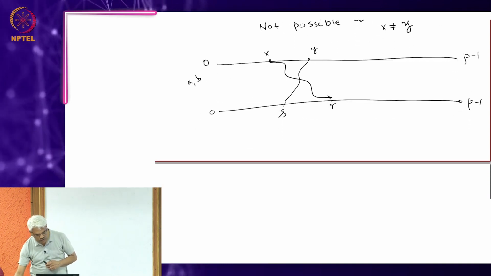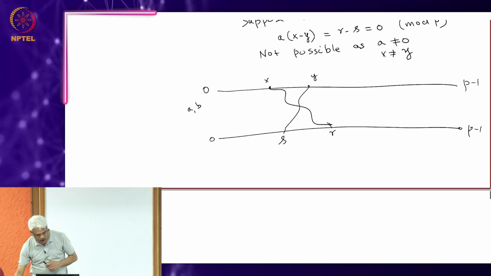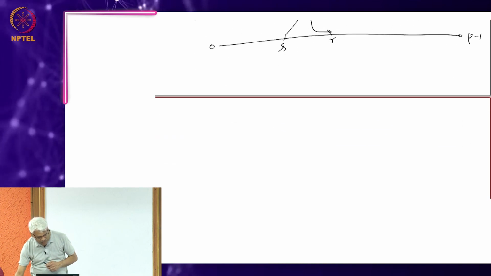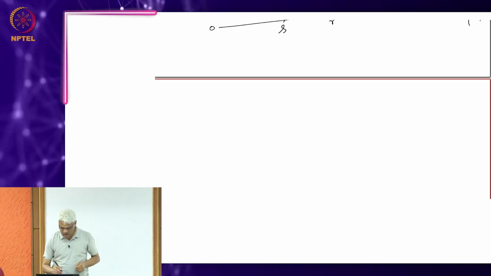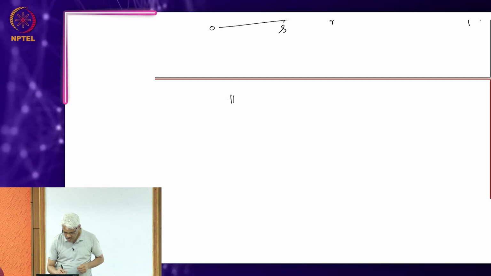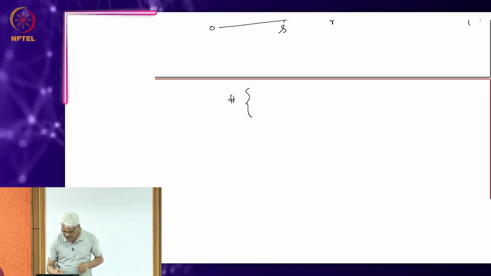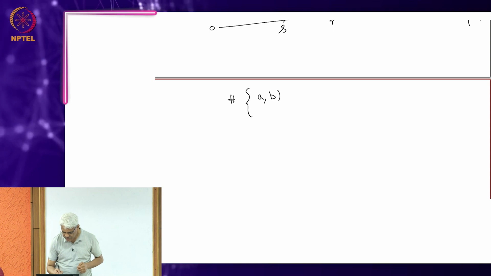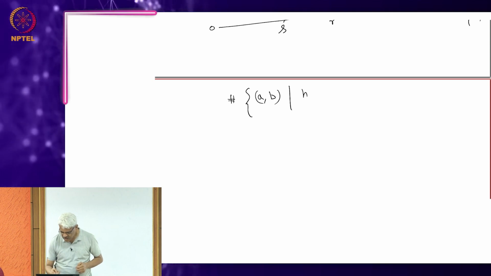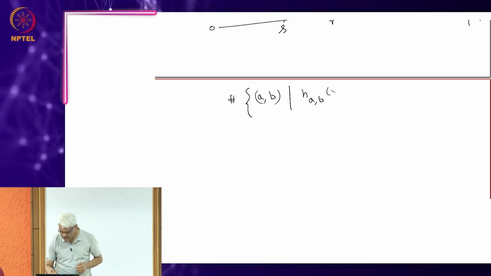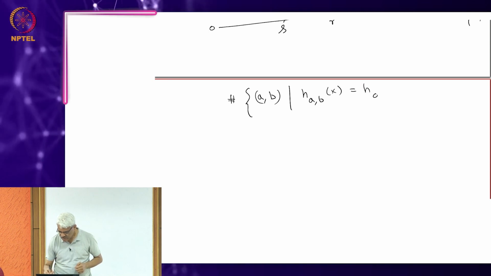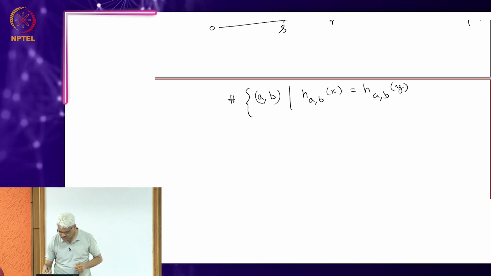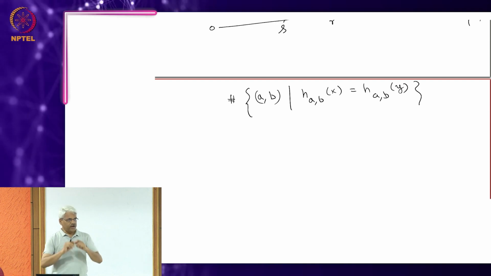Okay. So, now what do I want to compute? I want to compute the number of (A, B) such that H_AB(X) equals H_AB(Y), where X and Y are distinct.